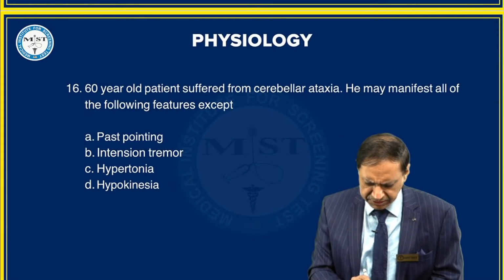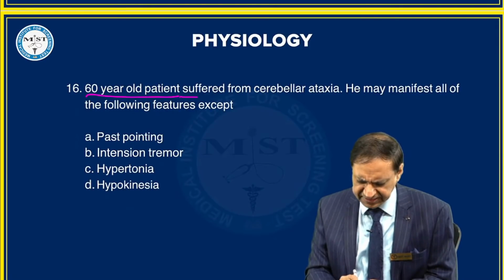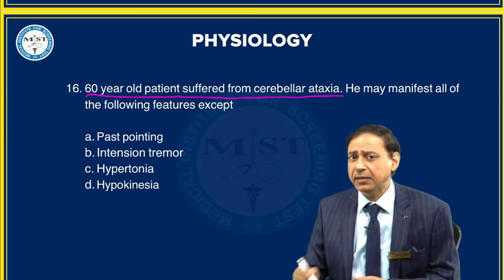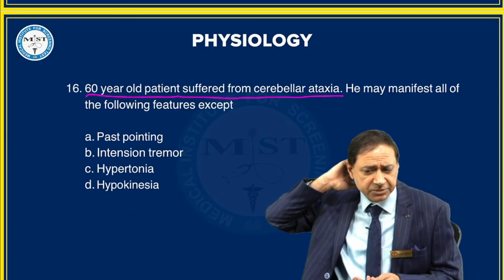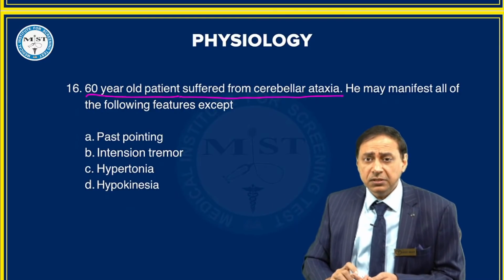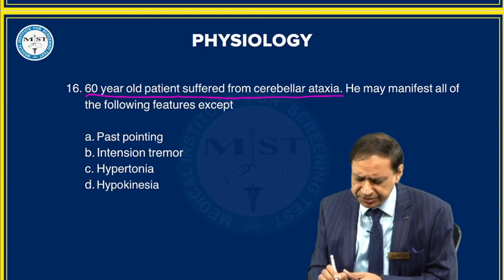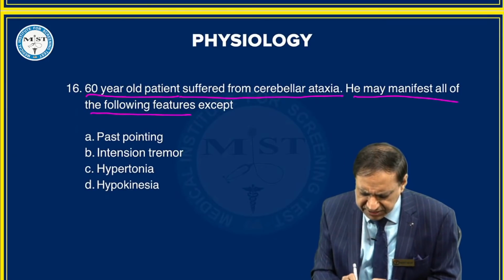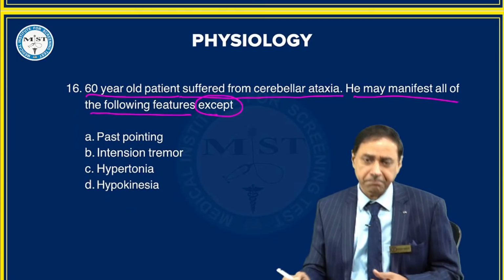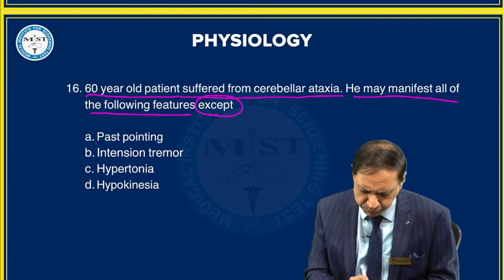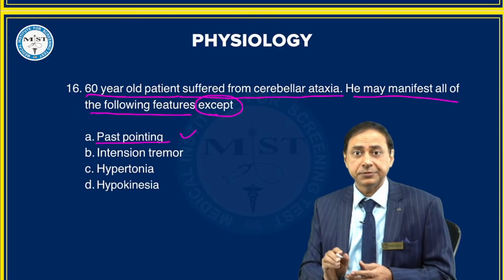Just see, a 60-year-old patient suffered from cerebellar ataxia. The cerebellum is damaged, so he will suffer from cerebellar ataxia. He may manifest all of the following features except. In a cerebellar problem, he will have past pointing. Yes, past pointing.